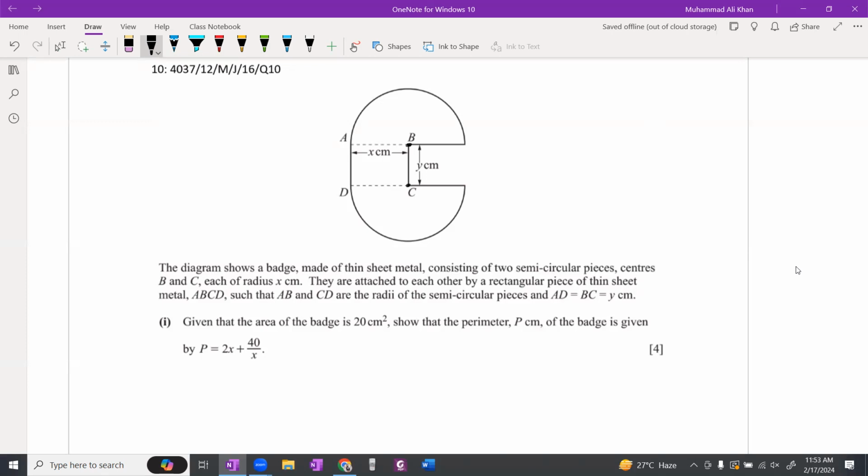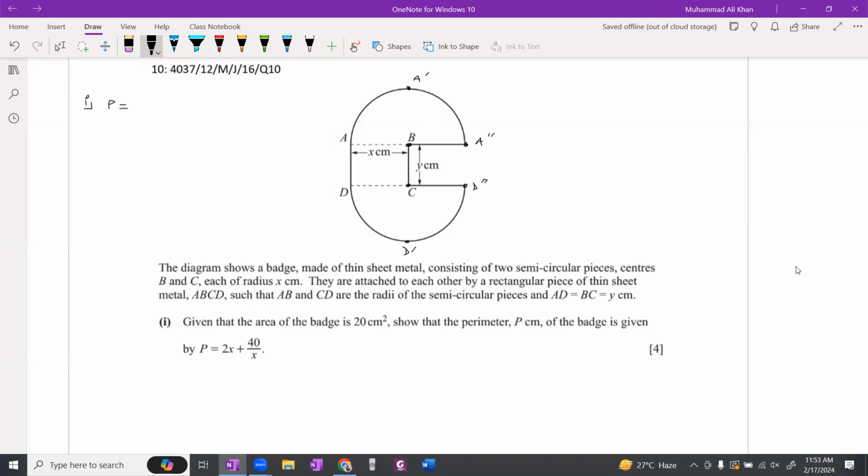Given that the area of the badge is 20, show that the perimeter of the badge is given by this. So how can we calculate the perimeter? The perimeter is, first, we have two semicircles. Let's say A dash, A double dash. This is the first semicircle. D, D dash, D double dash.